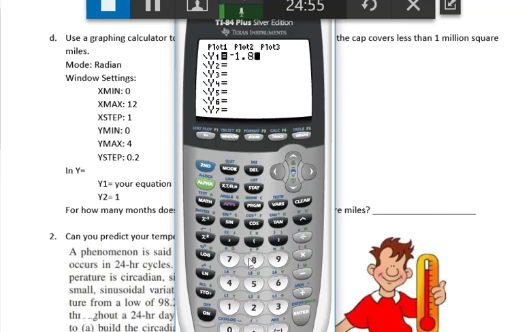Negative 1.8 cosine pi over 6 parentheses x minus 4. Make sure you guys have an x this time, okay? Make sure you have two closed parentheses after the minus 4, and then plus 1.9.